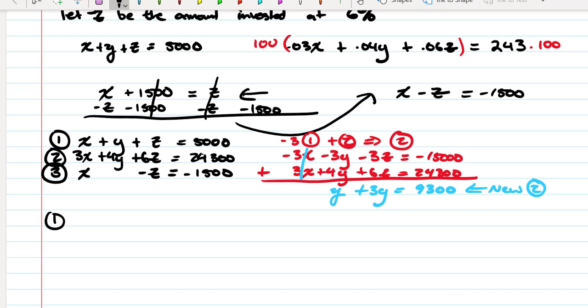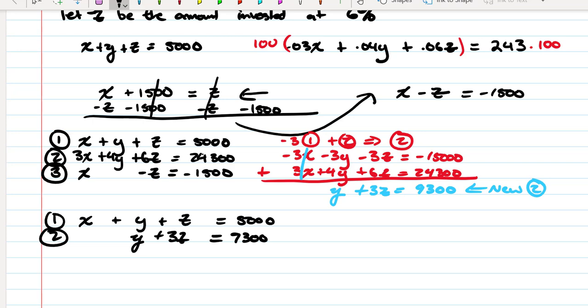So that gives me x plus y plus z, still the same as 5,000. My new equation 2 is y plus, oops, I have a typo over here, 3z is equal to 9,300. And equation 3 didn't change. It's still x minus z equals negative 1,500.